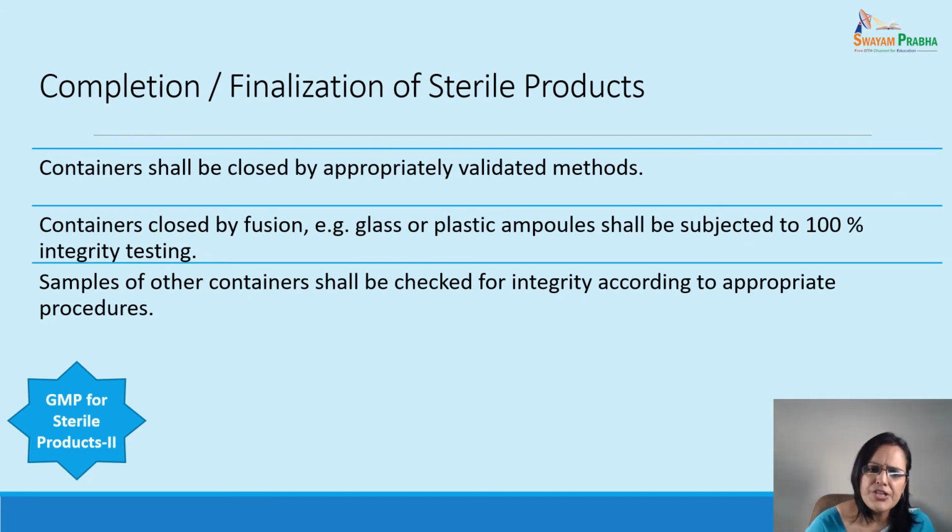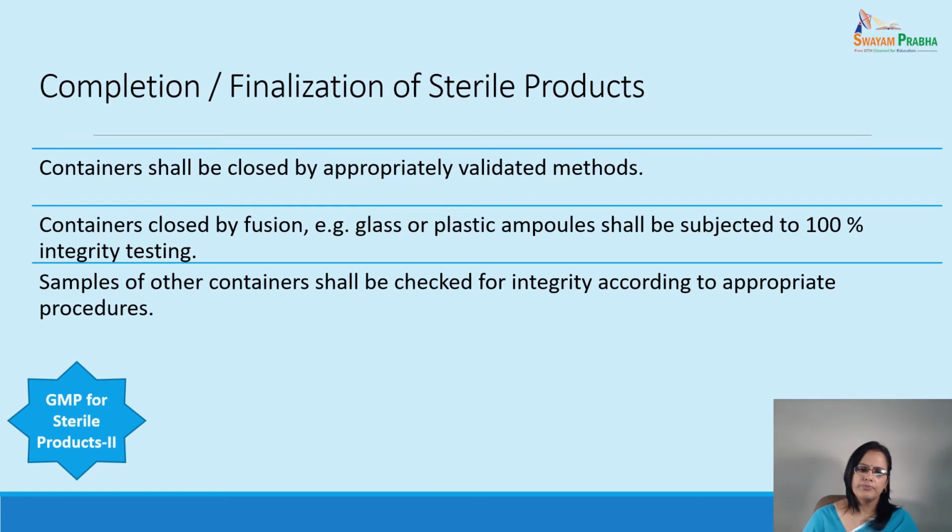Next is completion and finalization of the sterile product. Now what are the requirements? All unit operations and processes in the manufacturing of a batch shall have a minimum time specified, and the shortest validation time shall be used from the start of a batch to its ultimate release for distribution.